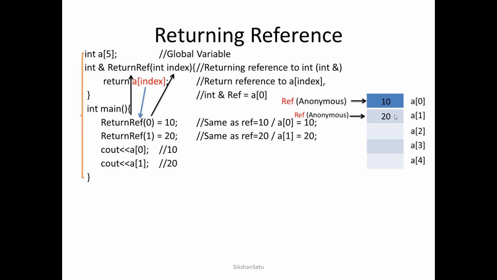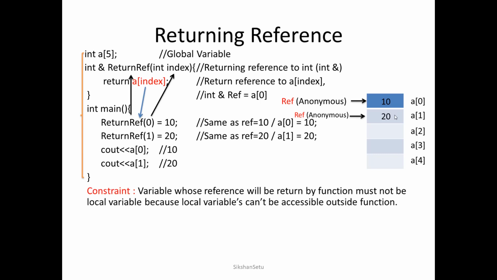But we need to keep in mind that we can return a reference whenever we are expecting to get access to a particular element. Otherwise it is not required to return a reference. Okay.